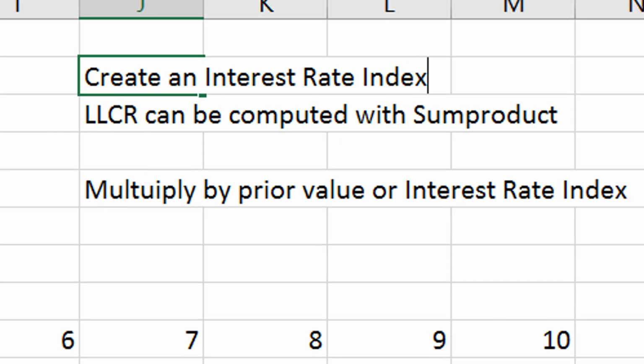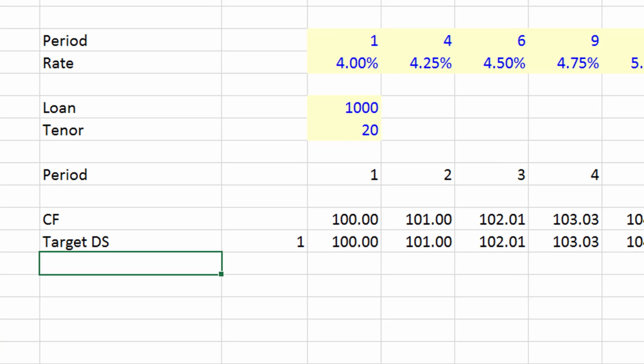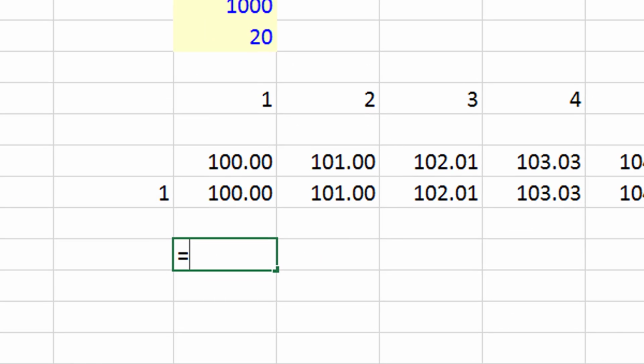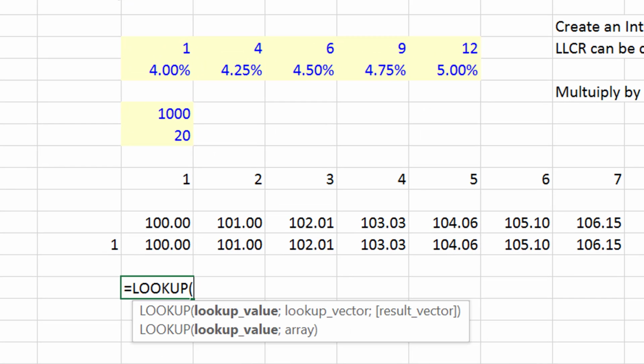Okay? Now, so we've got our target debt service, and let's compute the interest rate. And hopefully, you wouldn't dream of using MATCH and INDEX or VLOOKUP or HLOOKUP or anything else. You just use LOOKUP.